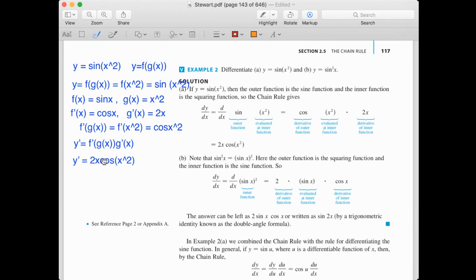If the expression includes cosine, sine, tangent, trig functions, we want the expression to end with the angle, so we don't get confused. Because if we put the x here, later on maybe we'll get confused. So we leave the angle as the last term in the expression. So y prime in this case equals 2x, that's g prime of x, times cosine x squared, that's f prime of g of x.